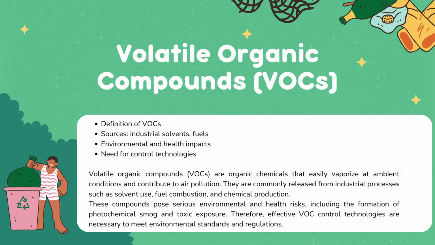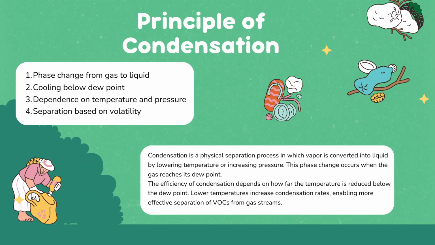They are commonly released from industrial processes such as solvent use, fuel combustion, and chemical production. These compounds pose serious environmental and health risks, including the formation of photochemical smog and toxic exposure. Therefore, effective VOC control technology is necessary to meet environmental standards and regulations.